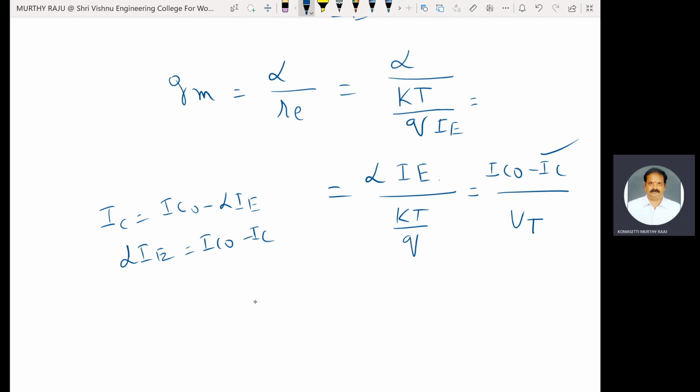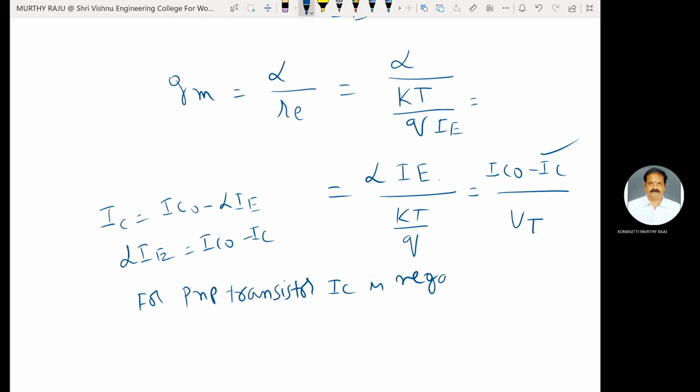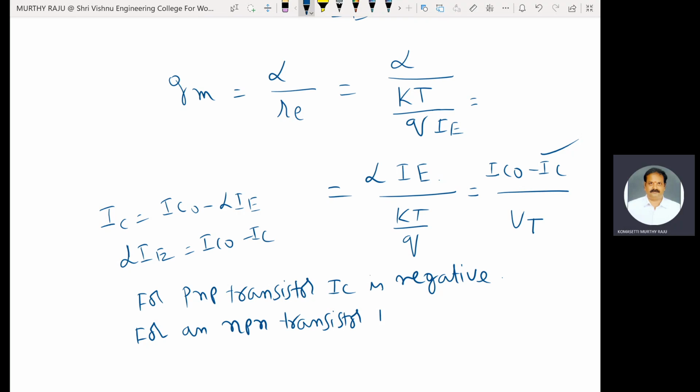Initially, we considered the transistor in a PNP configuration. For a PNP transistor, IC is negative. For an NPN transistor, IC is positive.